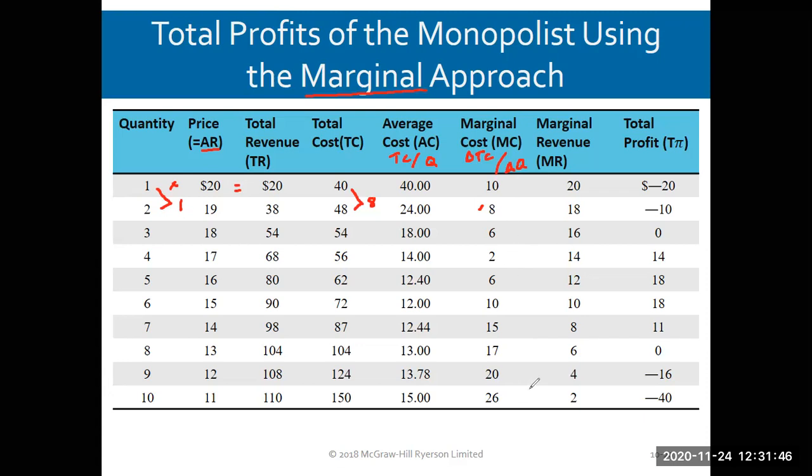Okay, so when we want to look at this and figure out what is our break-even point using the average approach or the marginal approach, which is the same thing, for our break-even, we need to find where average revenue equals average total cost.